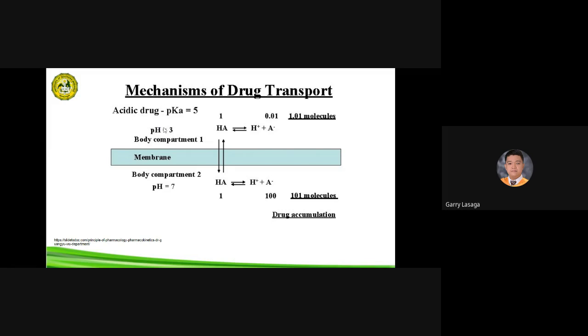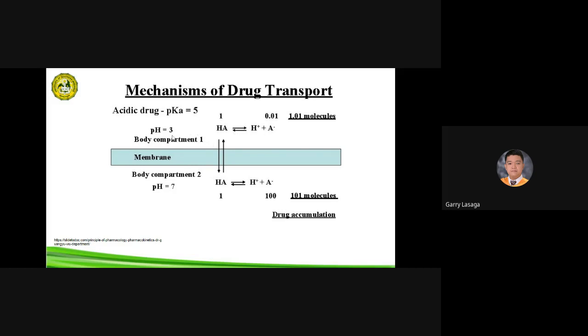Again, for every 1 level pH change, it could either increase or decrease the proportion of this ionized and unionized form by tenfold. So kung 2 level increase or decrease, so that is 100-fold.